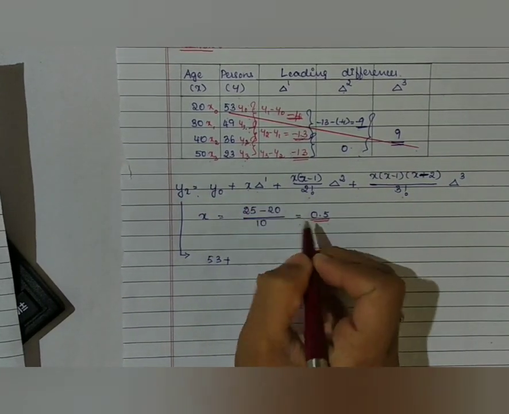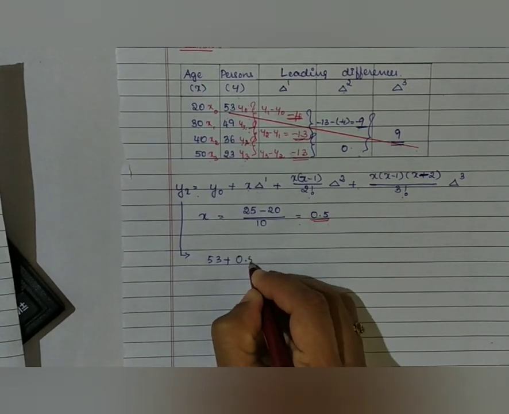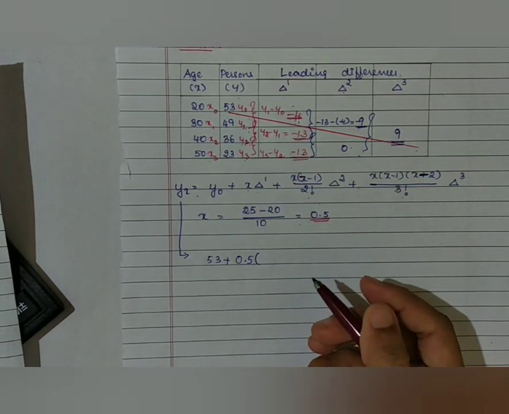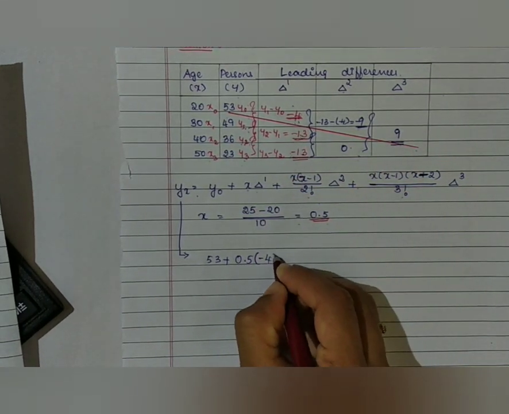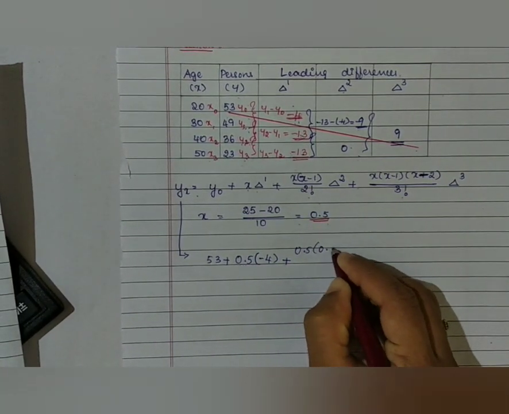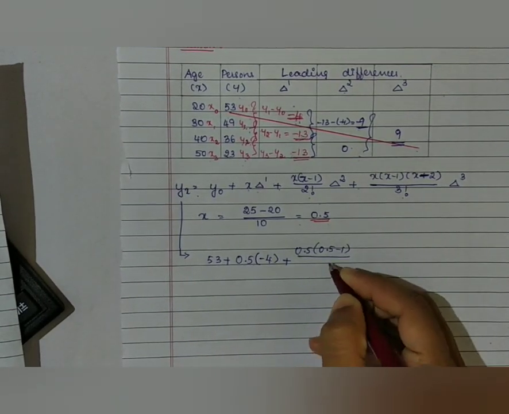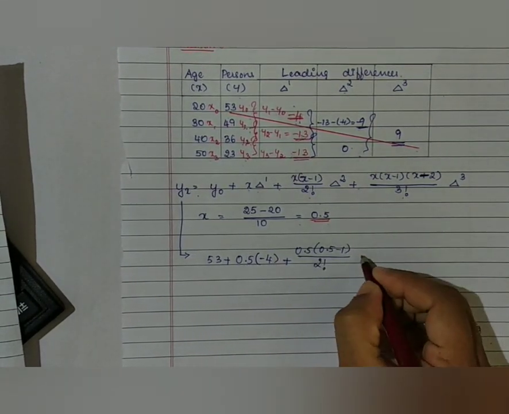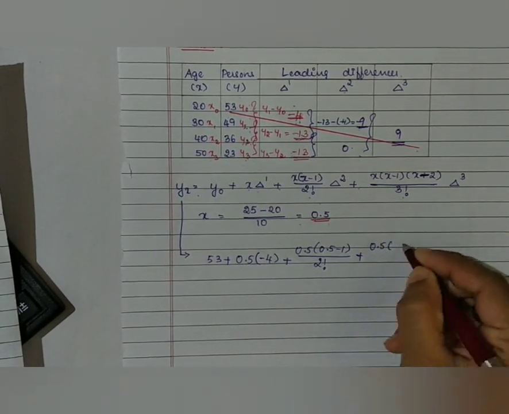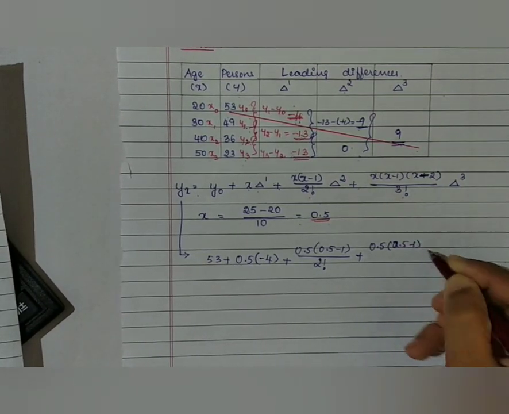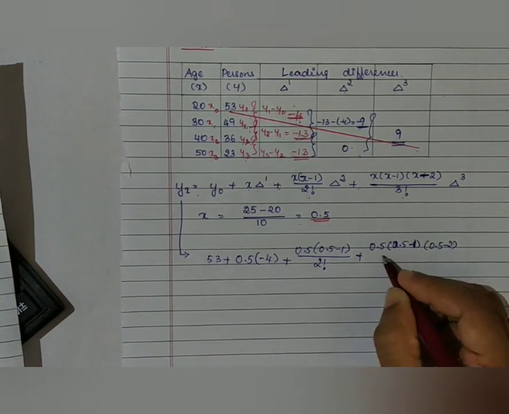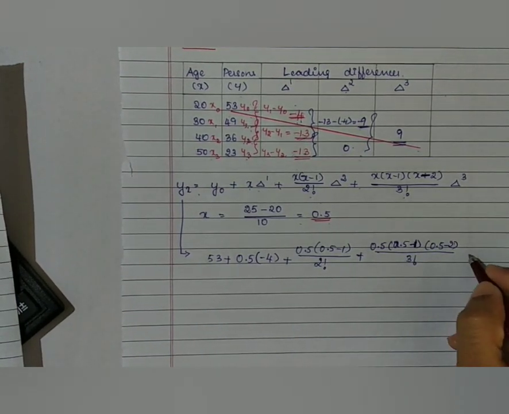So the formula: 53 plus x value 0.5 into delta 1 which is minus 4, plus x is 0.5, 0.5 into 0.5 minus 1 divided by 2 factorial into delta 2, plus 0.5 into 0.5 minus 1 into 0.5 minus 2 divided by 3 factorial.